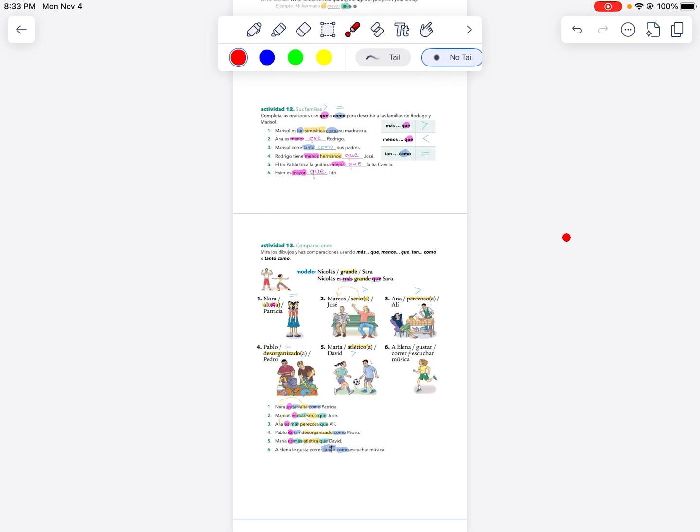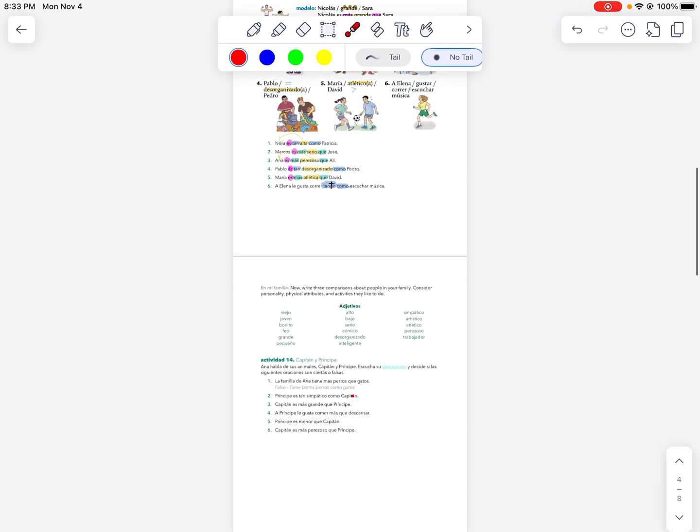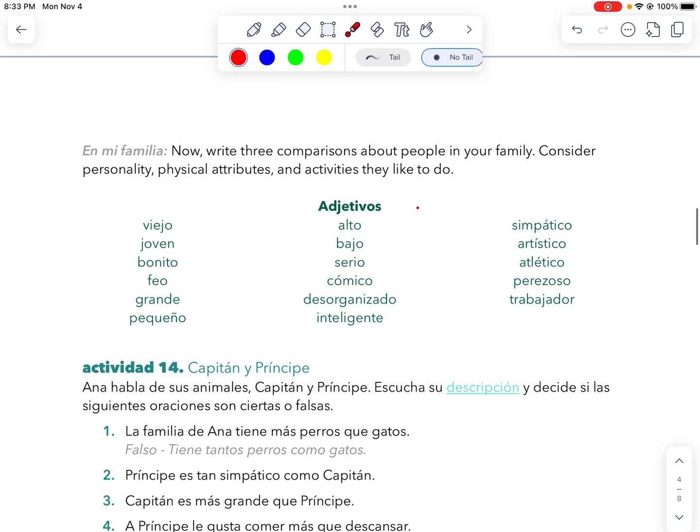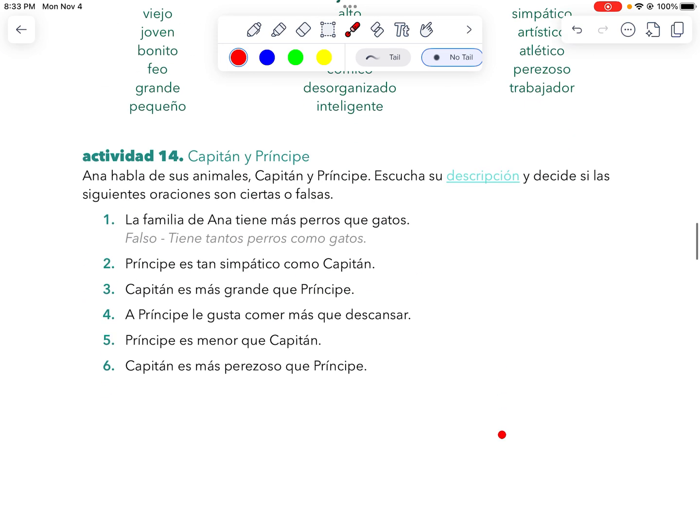Beautiful. So that's activities 12 and 13. Let's go ahead and take some time to write some comparisons about people in your family using más que, menos que, and tanto como. And then these guys, straight up with activity 14, I don't know how I was going to listen to the audio and talk you through it.